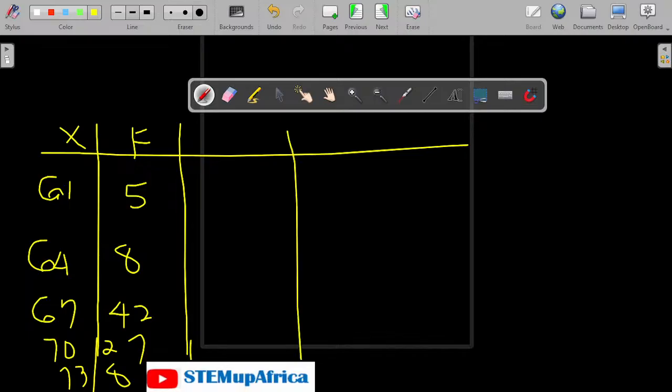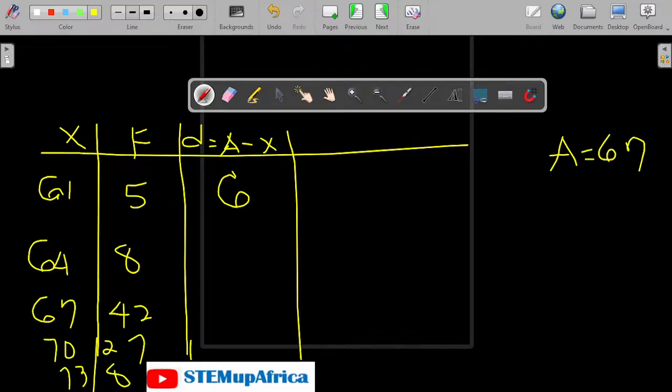Then next, let's get our deviation. The deviation is A minus your score, which is the assumed mean minus the score. Don't forget our assumed mean A is 67. So I'm now having 67 minus 61, that will give us 6.